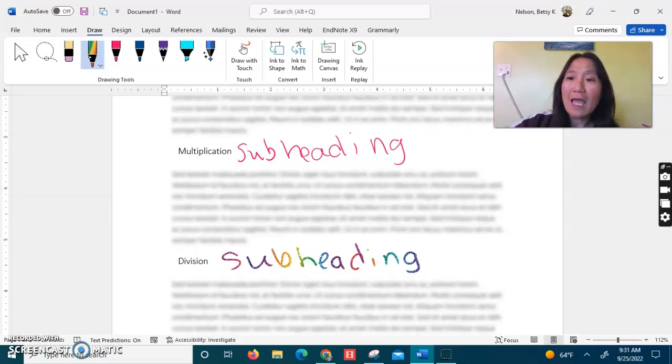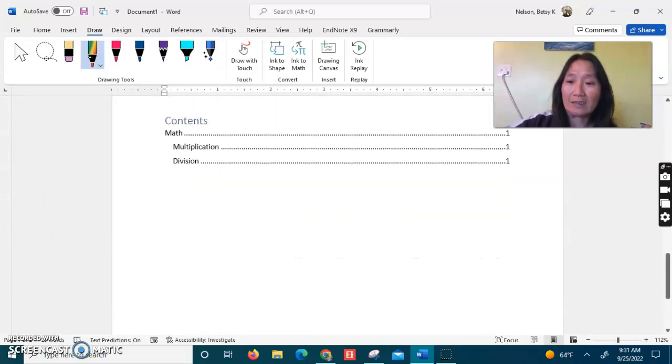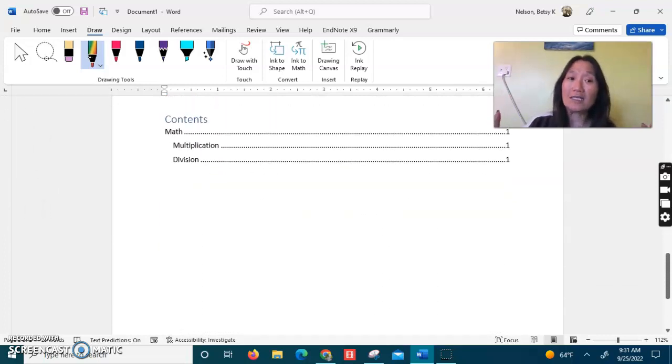Okay, so now I'm going to take us down to the table of contents. Your table of contents always happens on the first page of a book. And that tells you, for example, you can see we have math. So our table of contents says big topic, math. Then the topics underneath of that, subtopics.